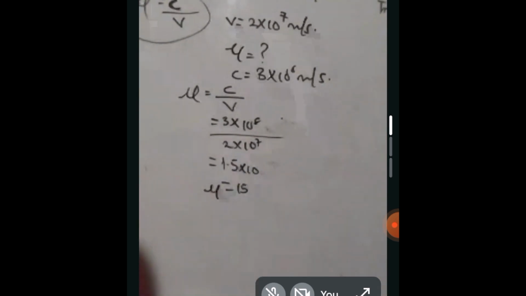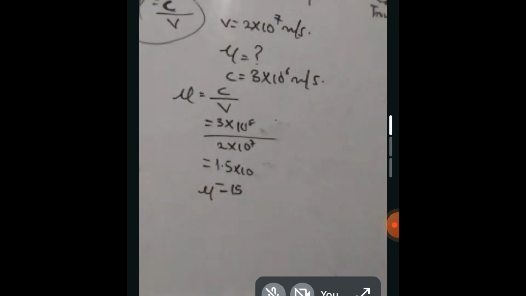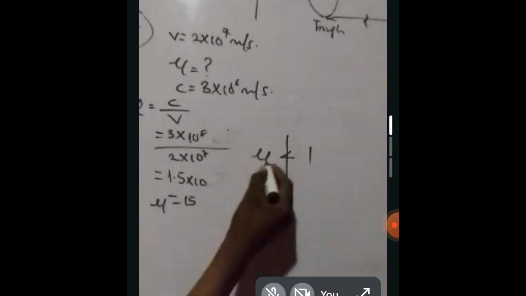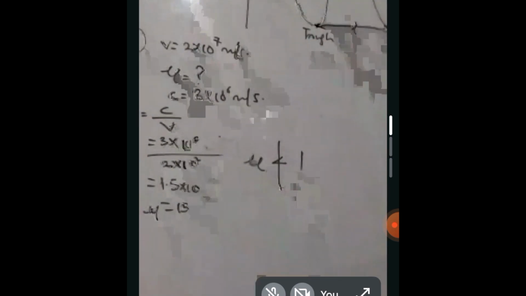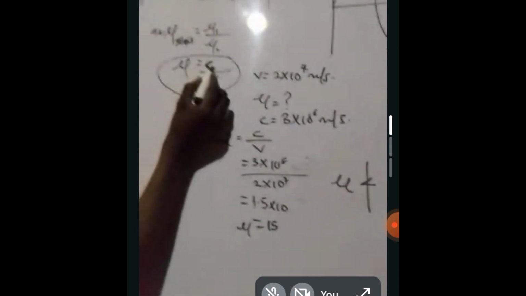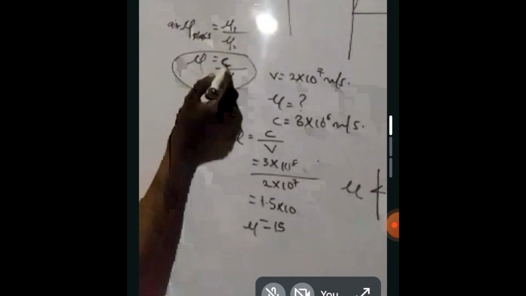The refractive index cannot be this big, but because I made up my question off hand, that's why it is like this. Refractive index is always around 1.7 or so. And note that refractive index will never be less than 1. Why? Because refractive index is C over V, and C is the speed of light in air.